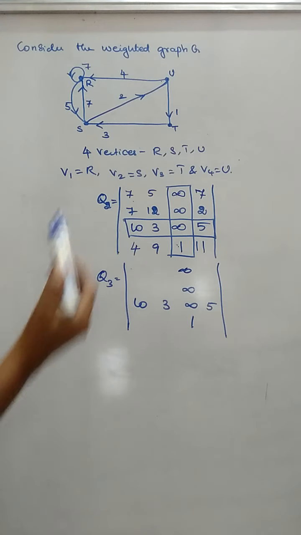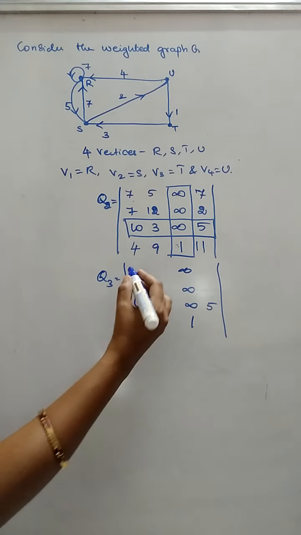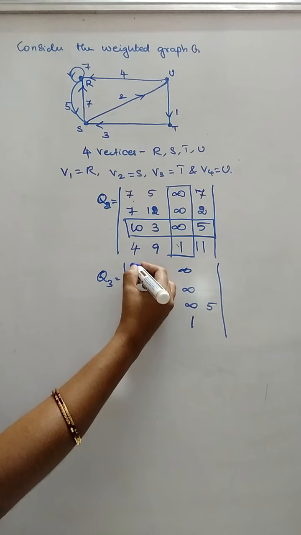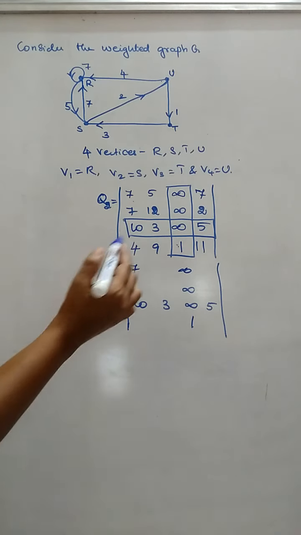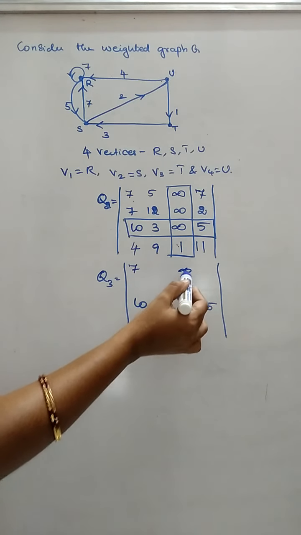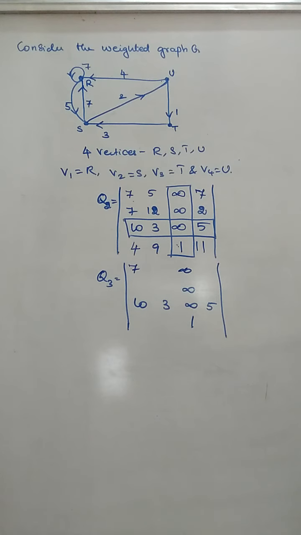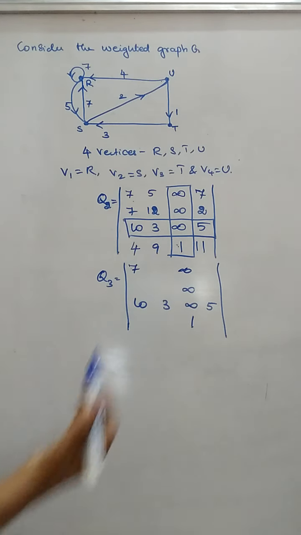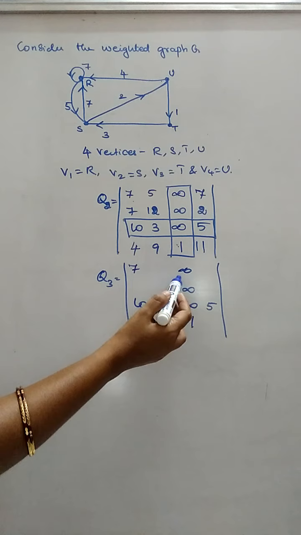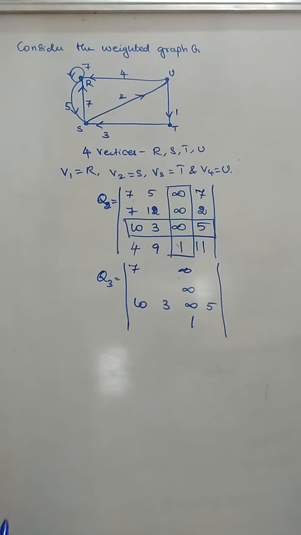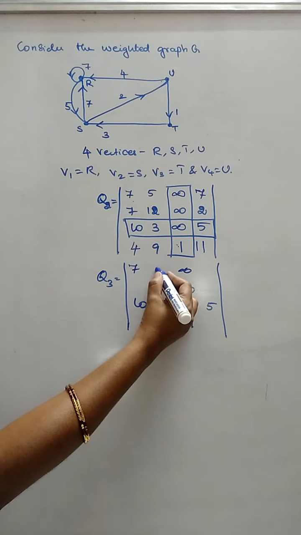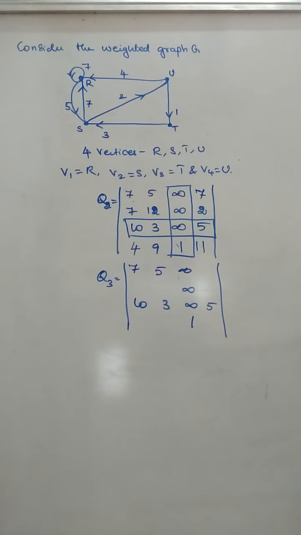You just see here, for filling this place, 10 will be added with the infinity. So infinity will be compared with the 7. 7 is the minimum number, so you can write 7 here. Then 3 will be added with the infinity. So we will get infinity. So infinity will be compared with the 5. So 5 is the minimum number. You can write 5 here.